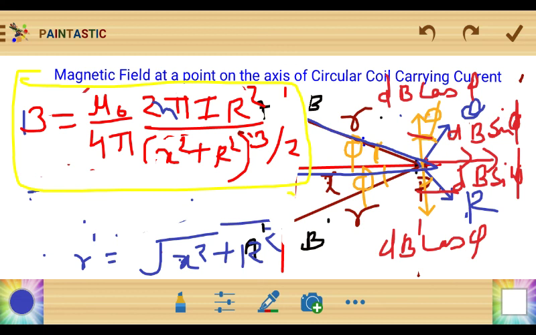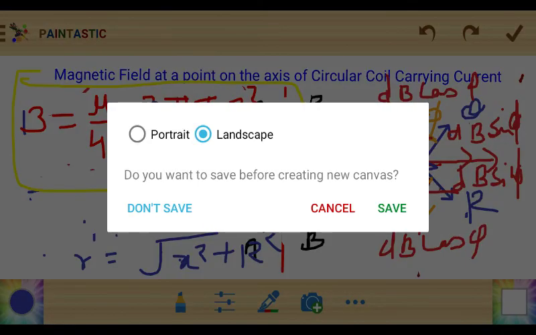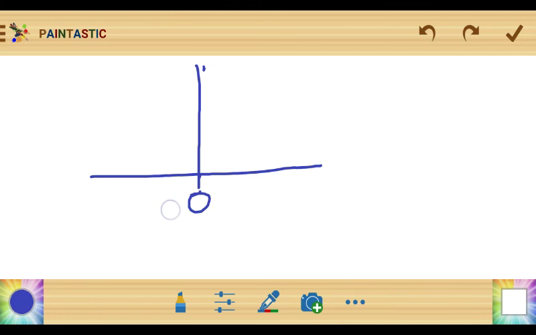And to understand this result, the graphical method is the best way. So let's say I take this center and the x-axis, and here is 0, x is 0. What was x?